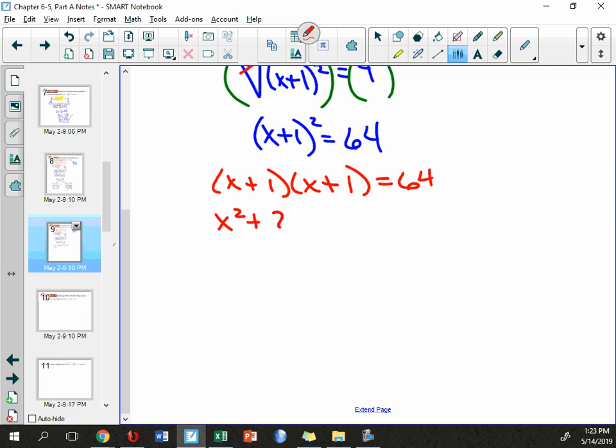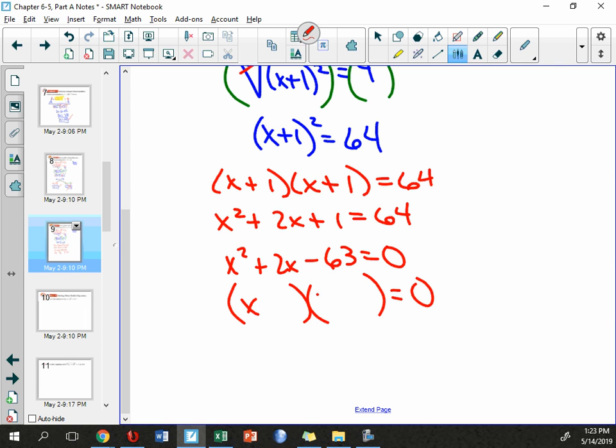X squared plus 2x plus 1 is equal to 64. Then what? Subtract the 64 to give you x squared plus 2x minus 63 is equal to 0. And then put into 2 binomials. So x and x, and then 9 and 7, plus and minus, so x is equal to negative 9, and x is equal to positive 7.